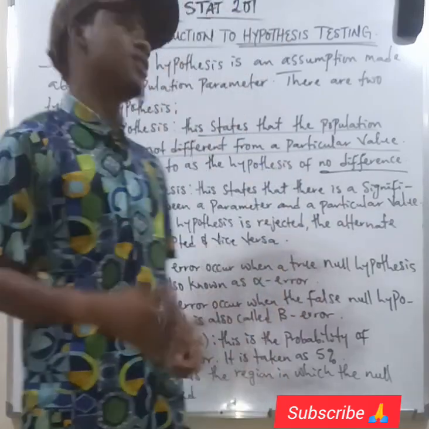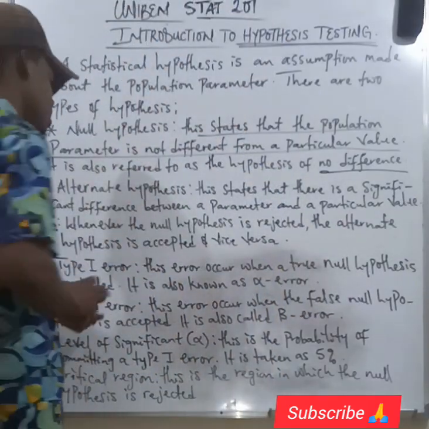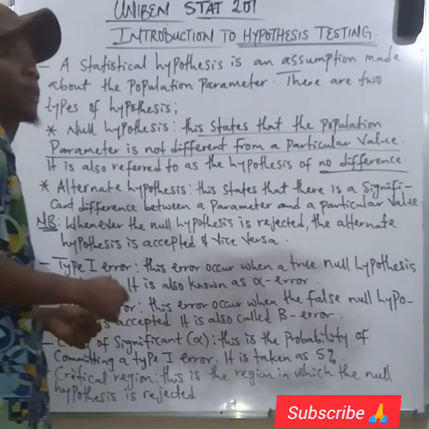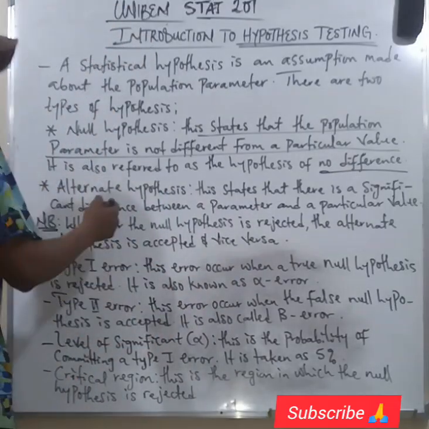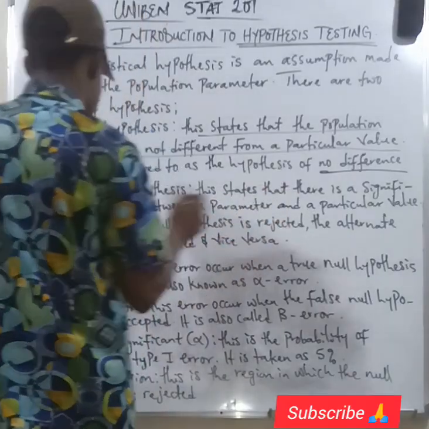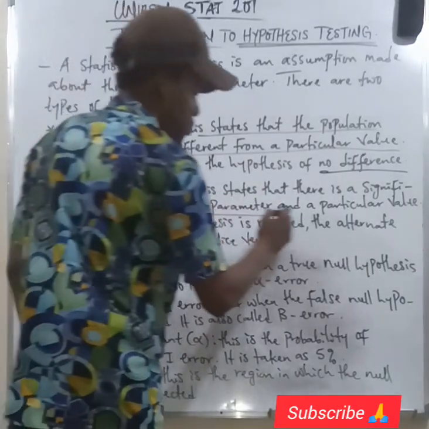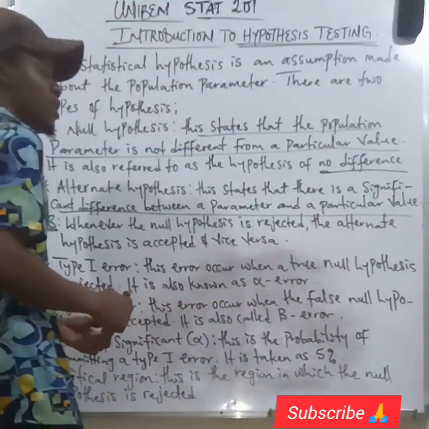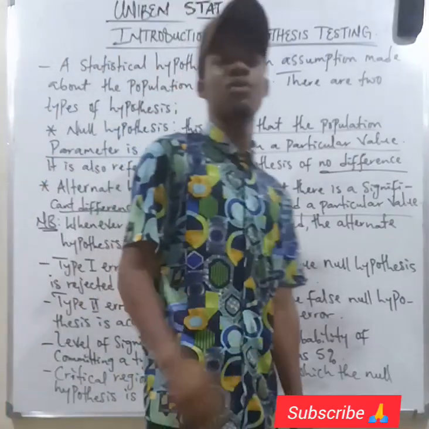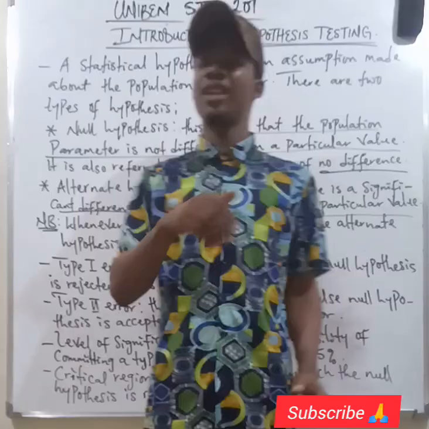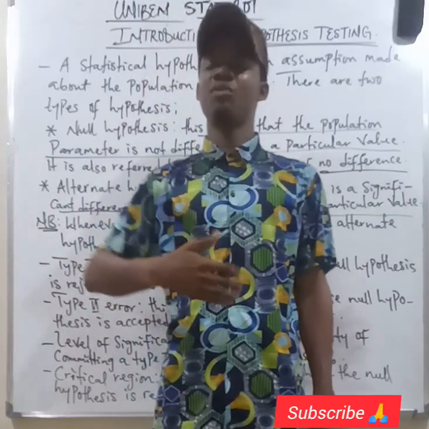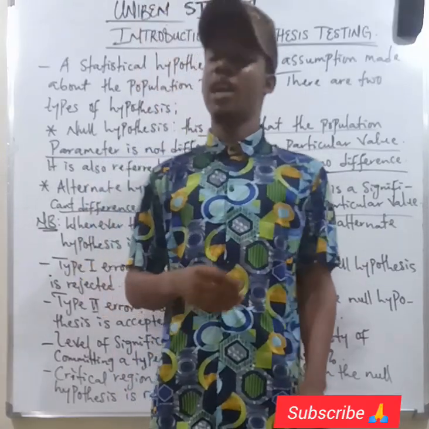Therefore, the alternate hypothesis is just like the arguments that you bring. For the alternate hypothesis, it states that there is a significant difference between the parameter and a particular value. So you say, how can you say not less than 25% of girls in Uniben are obese? No, I don't agree.